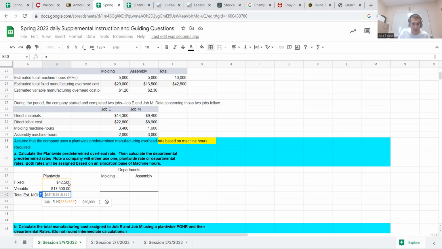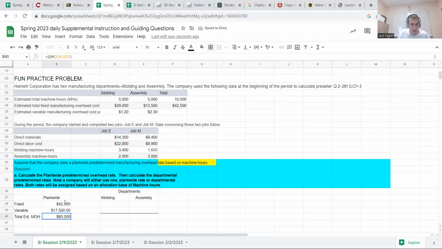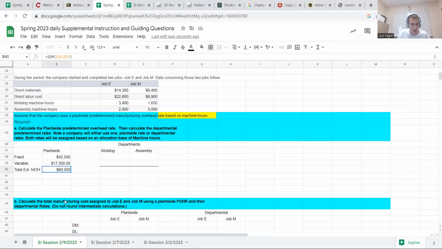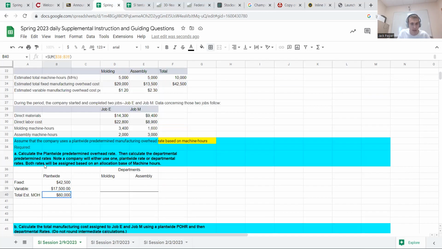So 42,500 plus 17,500 is going to equal 60,000 estimated overhead. That's our total estimated overhead for the plant-wide allocation base. Right, so once we have the 60,000, we need to divide that number by the total number of machine hours in the plant-wide rate.